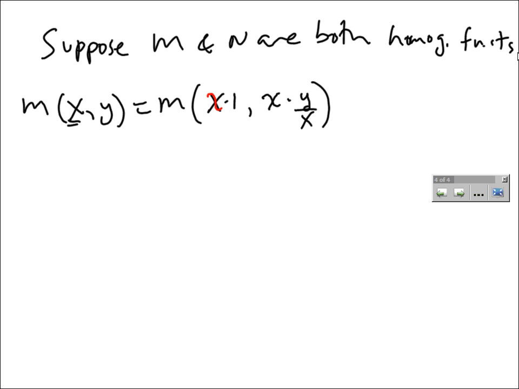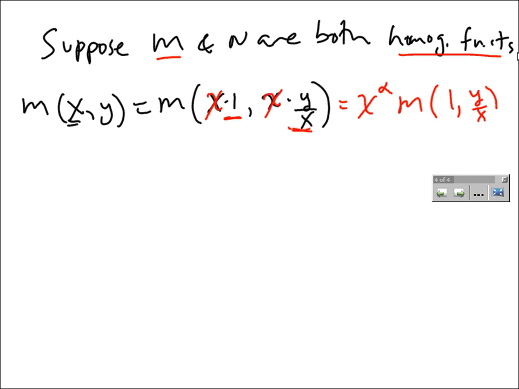So the common factor in each of those two expressions is x. Since m is homogeneous, we can factor out the x. It'll be x to some power, and then we're left with m of 1 comma y over x.